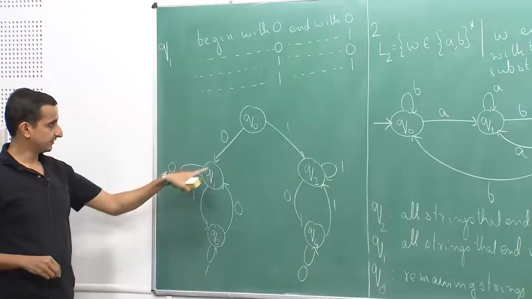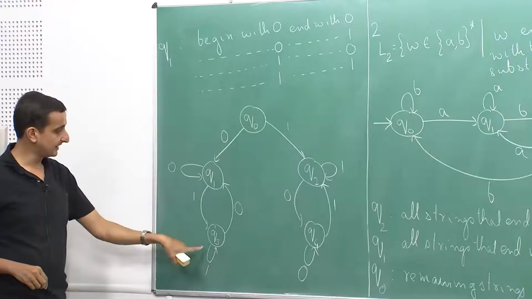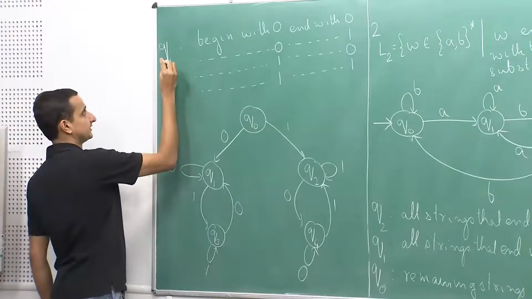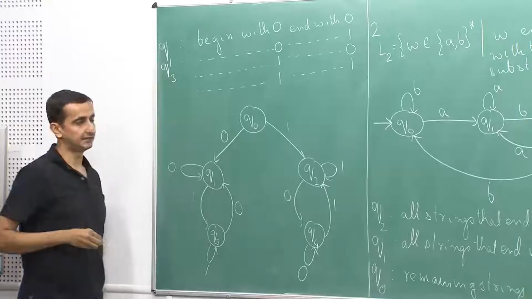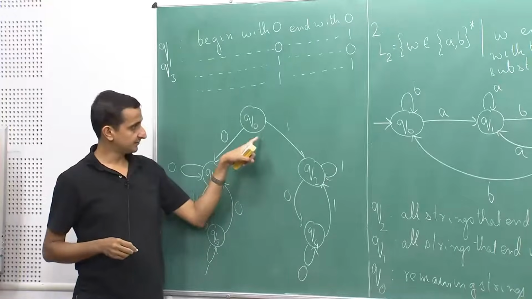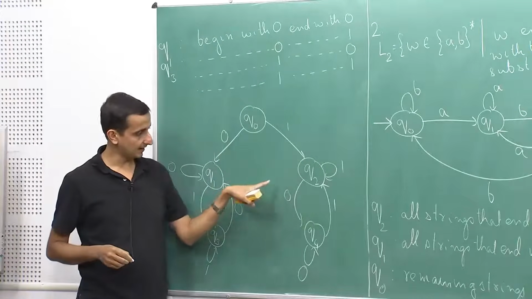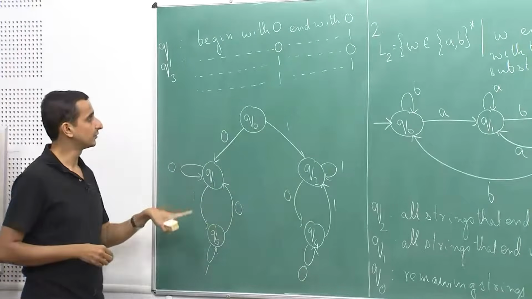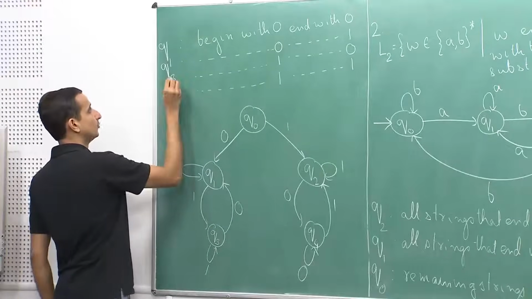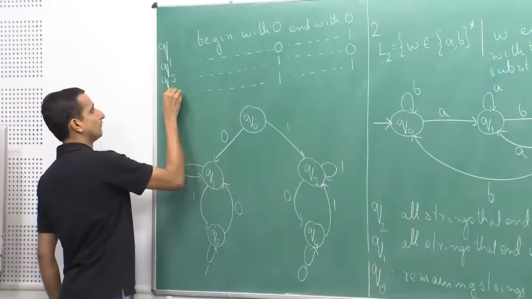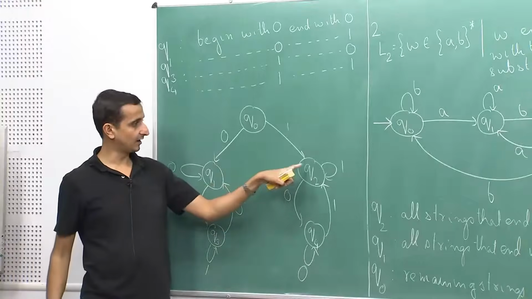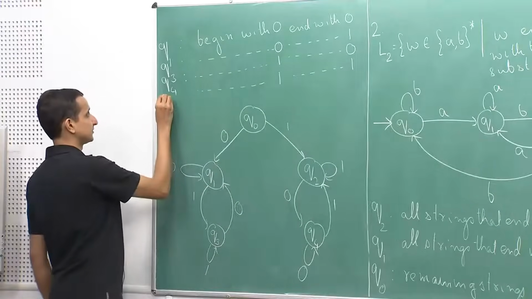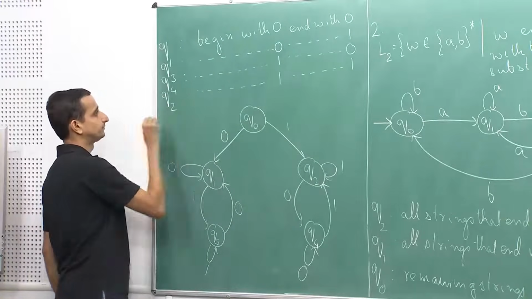Strings that begin with a 0 but end with a 1 correspond to the state Q3. Strings that begin with a 1 and end with a 0 correspond to the state Q4, and strings that begin with a 1 and end with a 1 correspond to the state Q2.